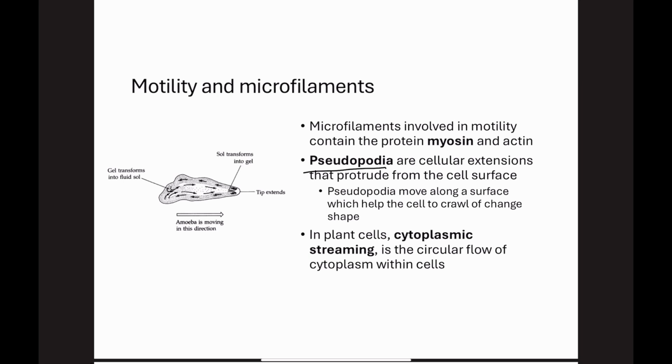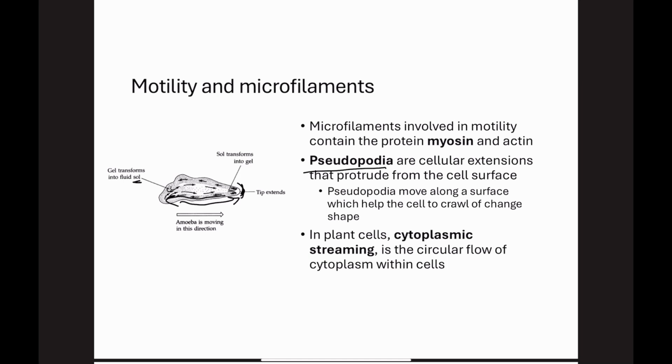And this figure is showing amoeboid movement. The back part of this amoeba has this fluid state called sol, which is going to allow that cytoplasm to move forward. And then this front tip extends as that cytoplasm moves forward.